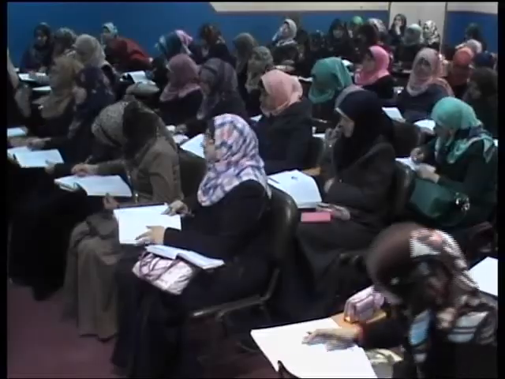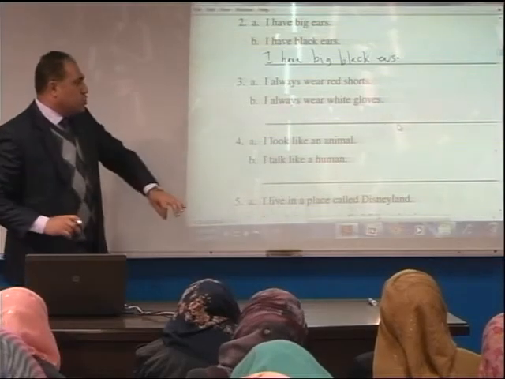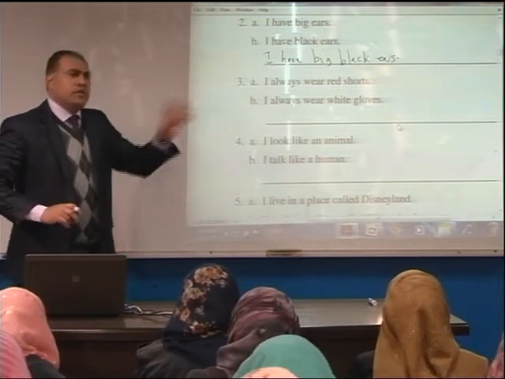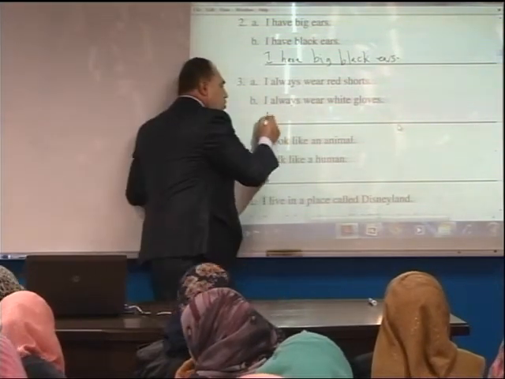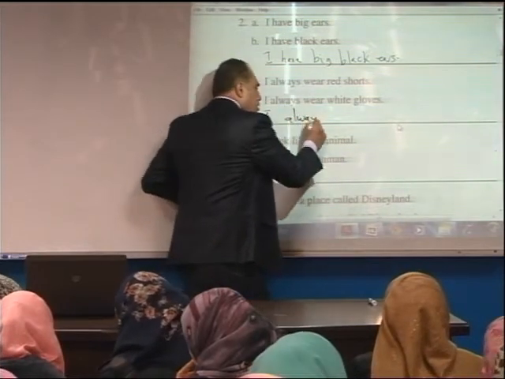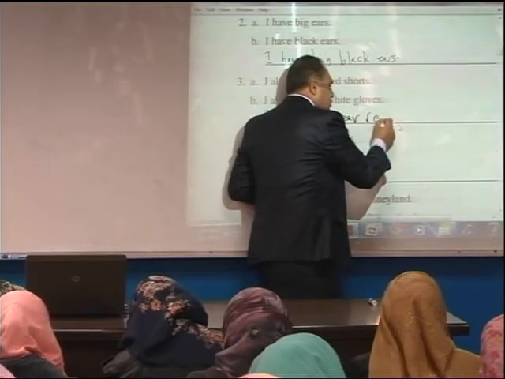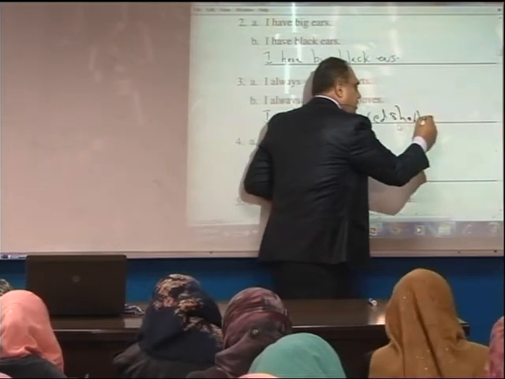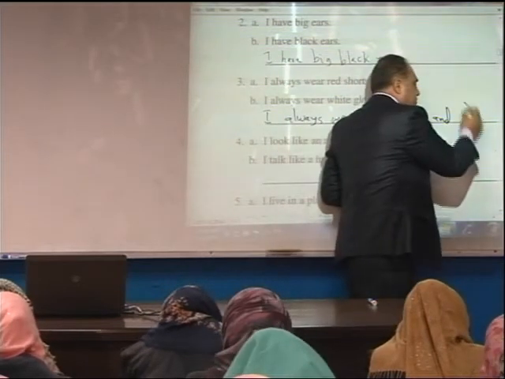I always wear red shorts and wear white gloves. Okay, I always wear red shorts, and there's no need for repeating the verb "wear". I always wear red shorts and white gloves.